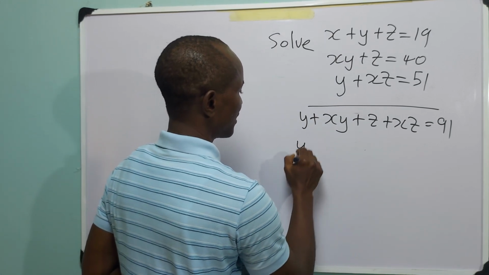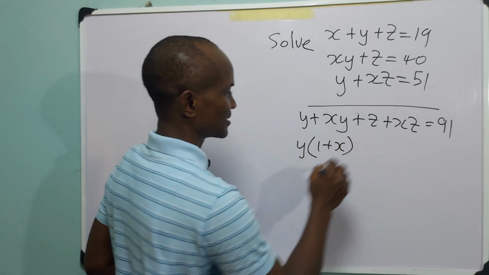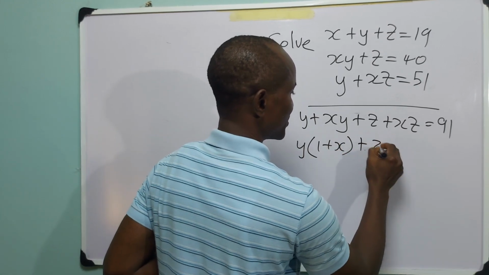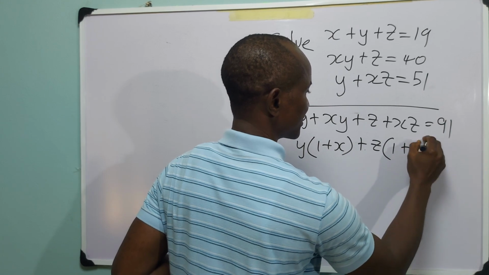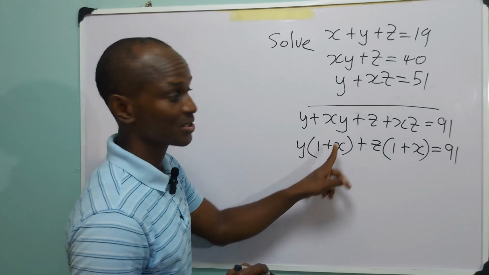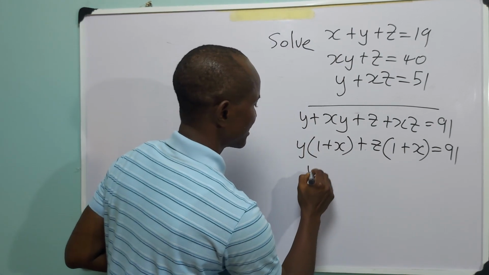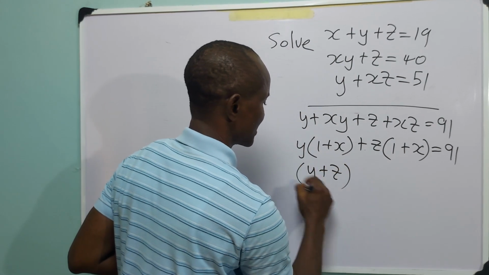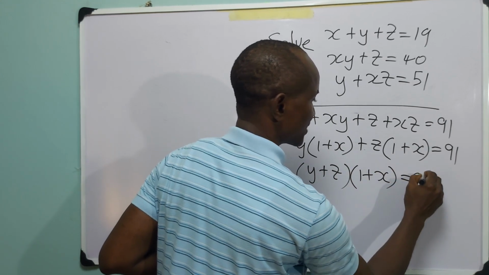We can factor out y here to have 1 plus x. Also from here, we can factor out z to have 1 plus x. We have 1 plus x here and we have 1 plus x here. So collecting terms, we have that y plus z into 1 plus x is equal to 91.